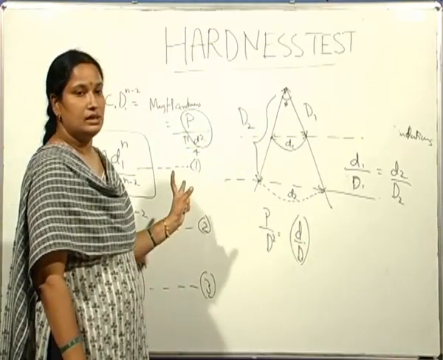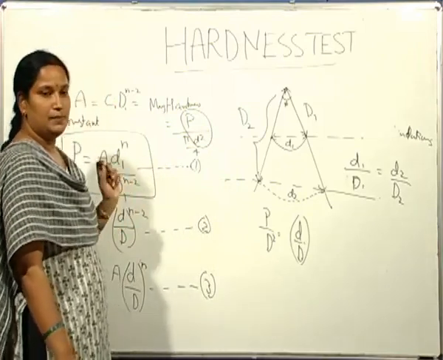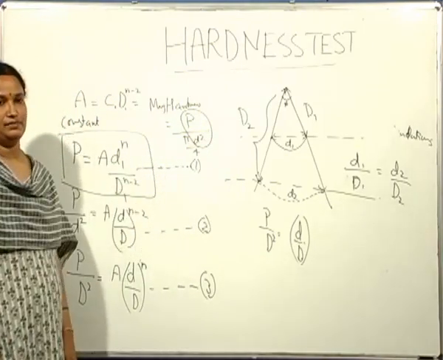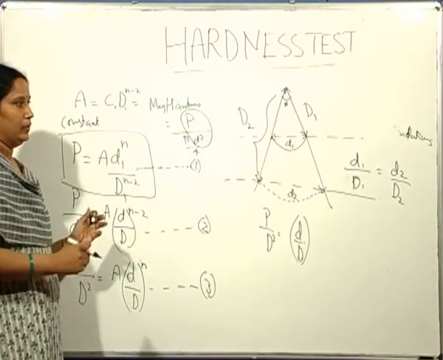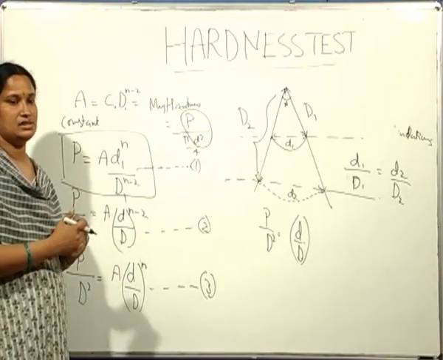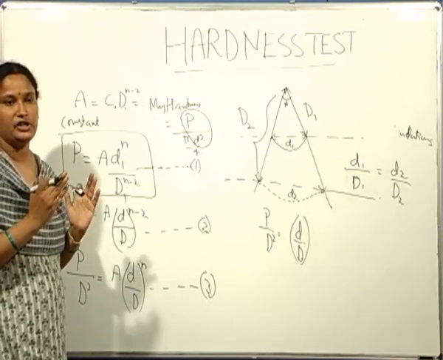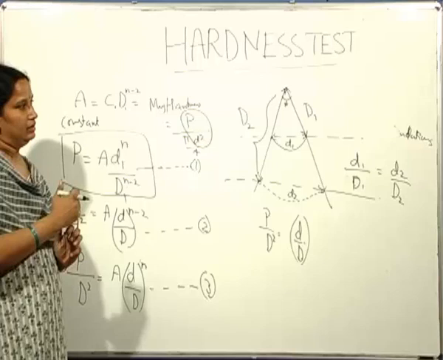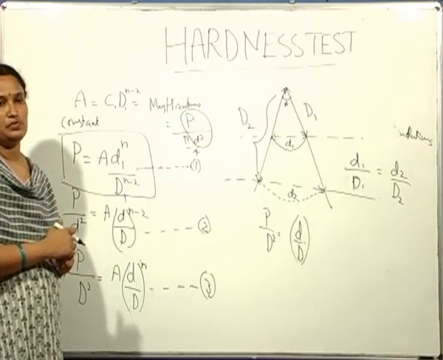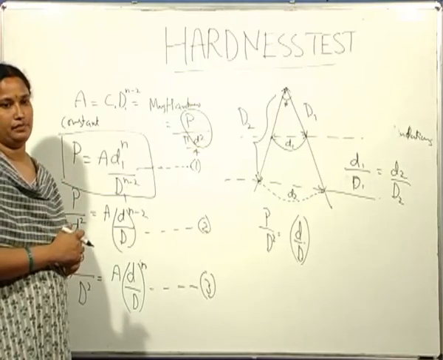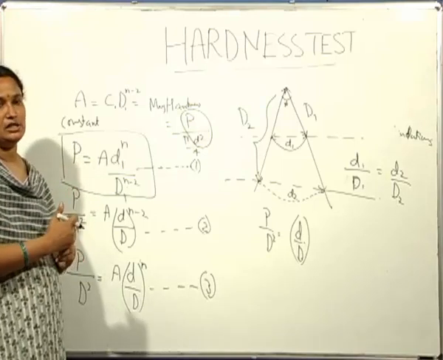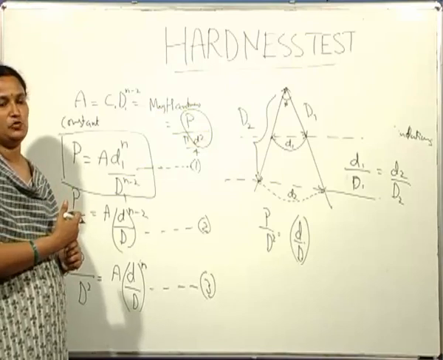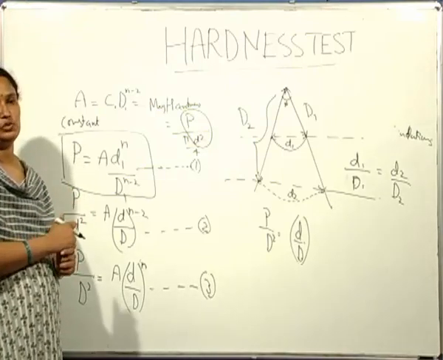So this is the important observation that is made, and this is given by Meyer. Even though Meyer hardness gives the correct, accurate hardness values when compared to Brinell, the practical usefulness of this Meyer is very limited. This Brinell hardness is more widely accepted and its practical usefulness is more when compared to the Meyer.